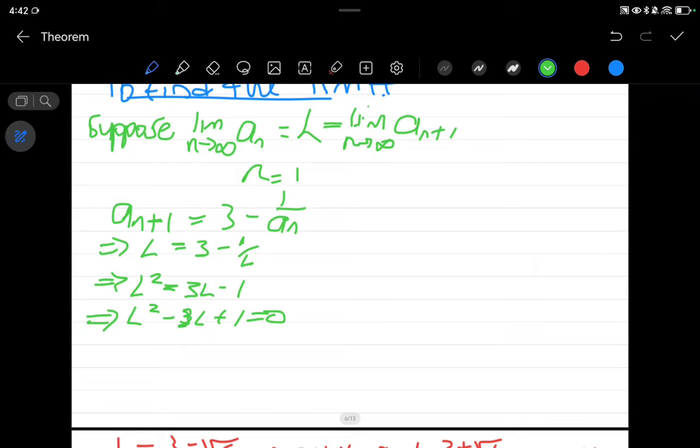So since I can't factorize, I should use the quadratic formula: L is equal to minus b plus or minus the square root of b squared minus 4ac, all over 2a.